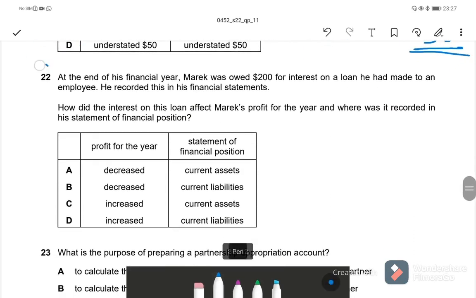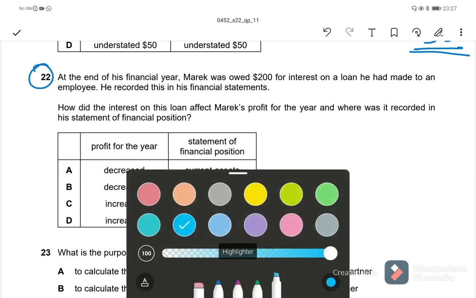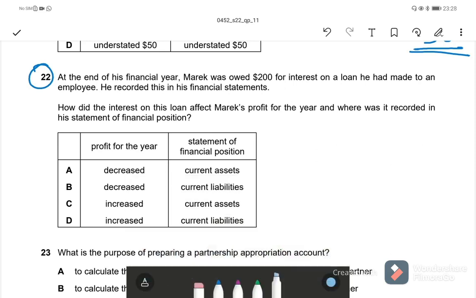Question number 22. At the end of the financial year, Marik was owed $200 for interest on a loan, which he had made to an employee. He gave a loan to an employee and he is owed 200 from that employee. He recorded this in his financial statements.